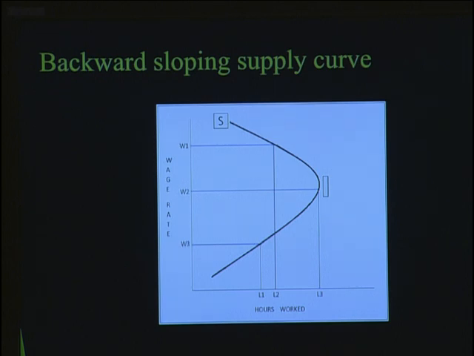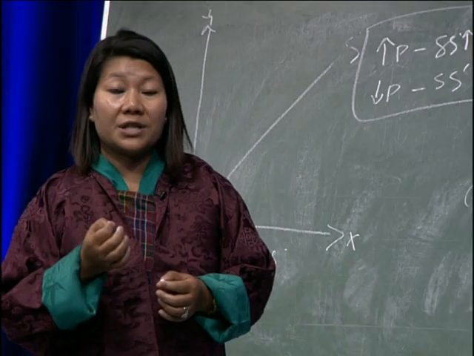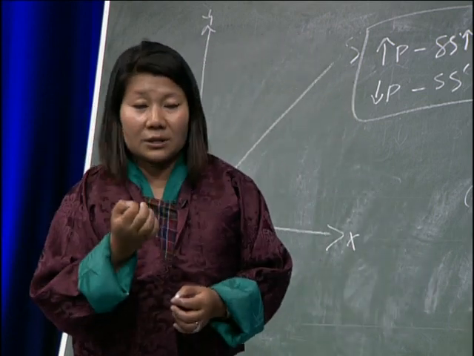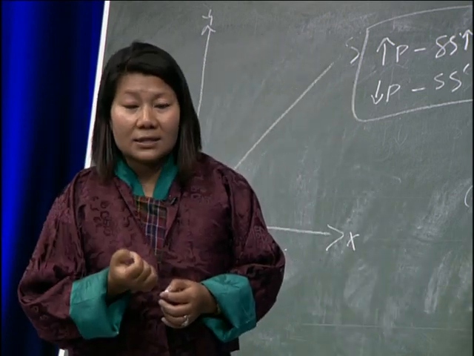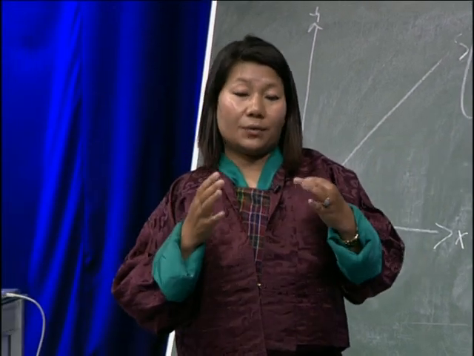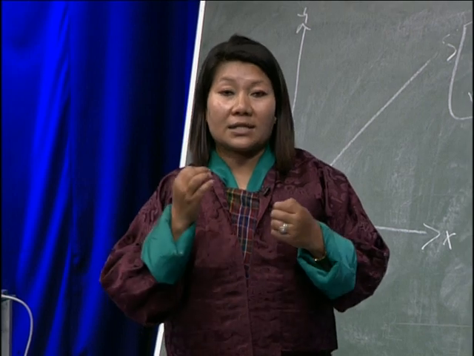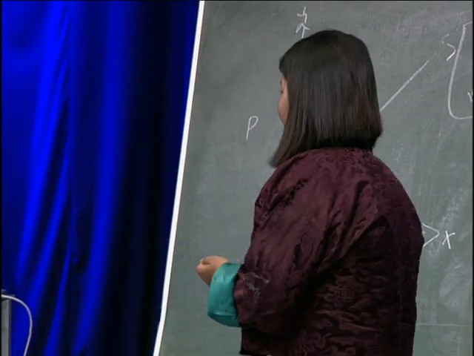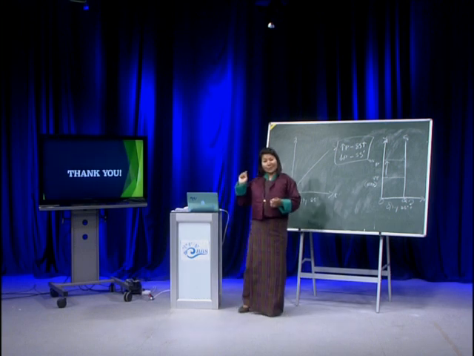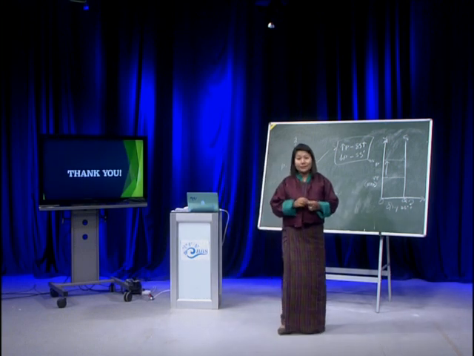That is, people are not willing to work even if their wages are high, or the price paid for their effort in production is high. This doesn't happen all the time, but we can expect it to happen. That's why it is an exception to the law of supply. I hope you understood.